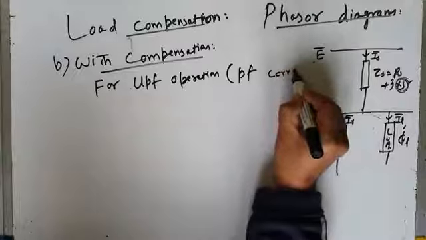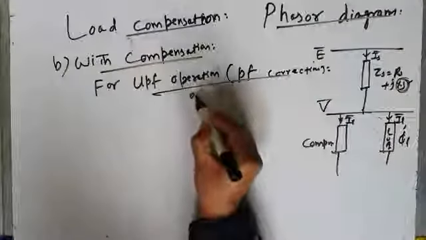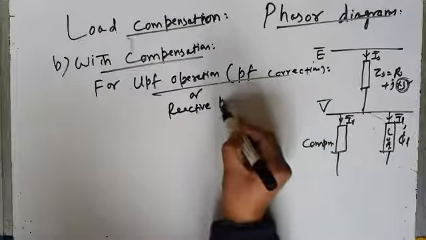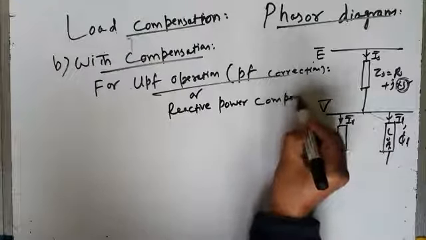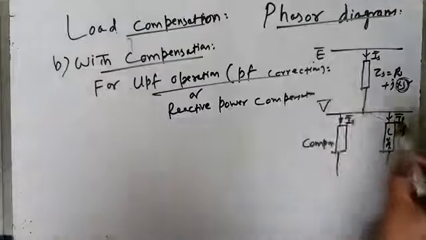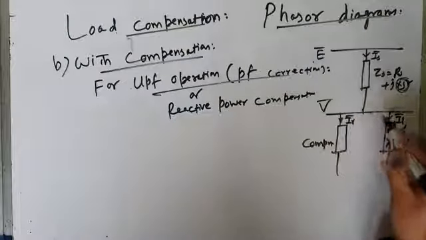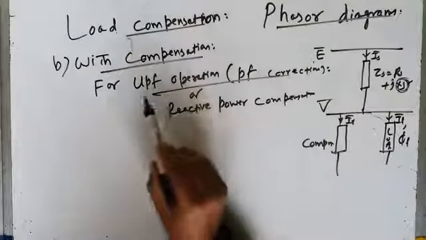Let us suppose the role of compensator is to correct the power factor, और reactive power compensation भी इसे कहते हैं. It has to compensate for reactive power. That means whatever reactive power is demanded by the load, it should not be supplied by the source. It should be locally supplied by this compensator. So that will correct the power factor and make power factor unity.